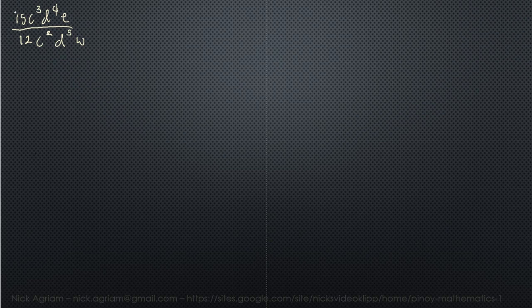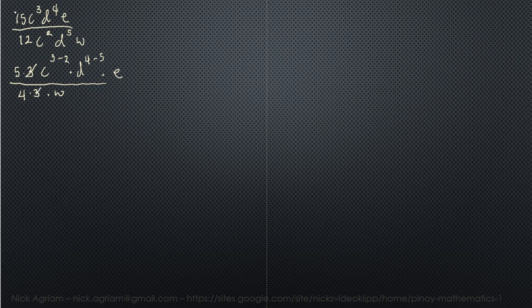For example, 15, you can write as 5 times 3. And then c, you can write as c raised to 3 minus 2. And then d, you can do the same: d raised to 4 minus 5, divided by 4 times 3, and we have e here in the numerator, times w.